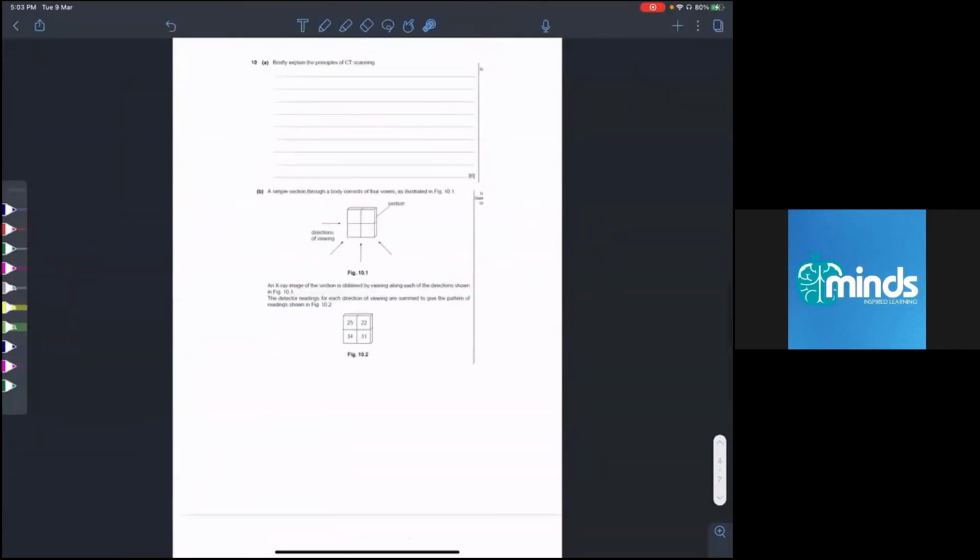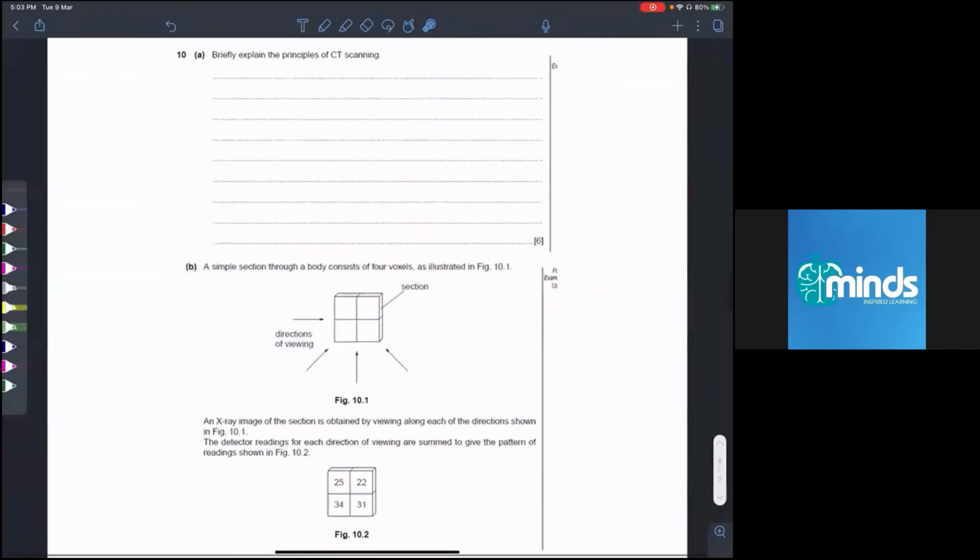Try to answer question number one. Once you are done solving question number one, let me know. We will discuss the answers.